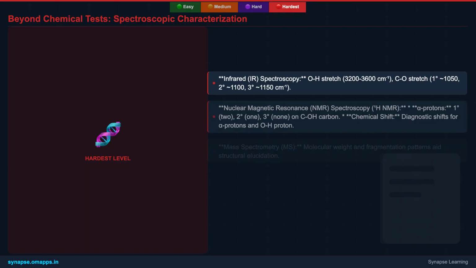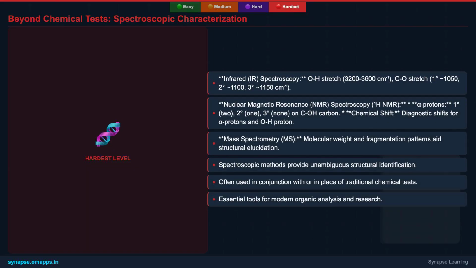Beyond chemical tests, modern organic chemistry heavily relies on spectroscopic methods for unambiguous distinction. Infrared spectroscopy provides information on OH and CO stretches, while nuclear magnetic resonance, especially proton NMR, offers definitive identification. The number and multiplicity of alpha protons, protons on the carbon bearing the hydroxyl group, are uniquely characteristic for primary, secondary, and tertiary alcohols.